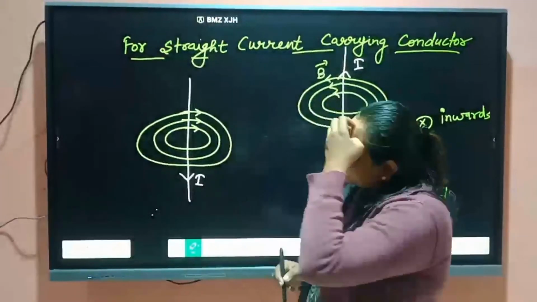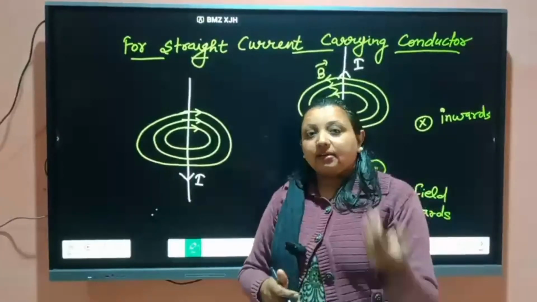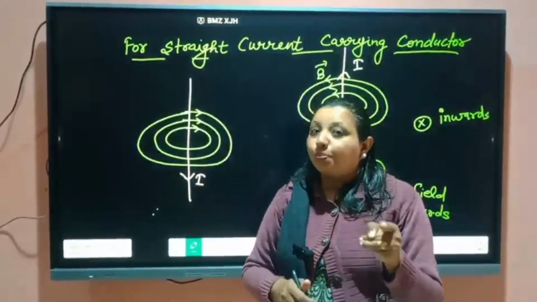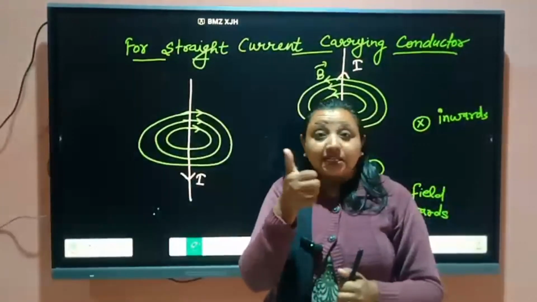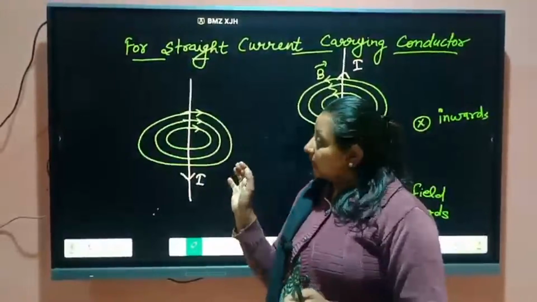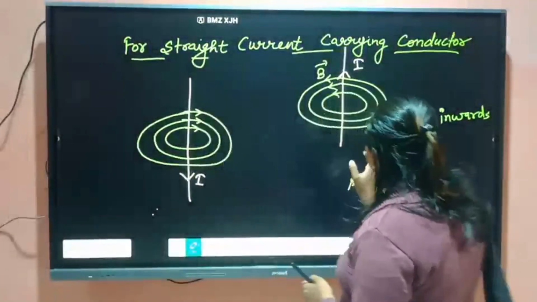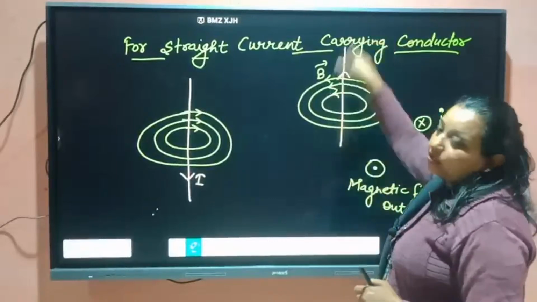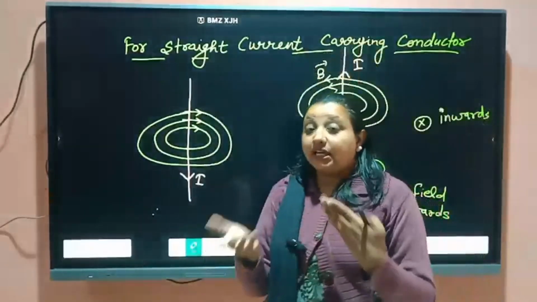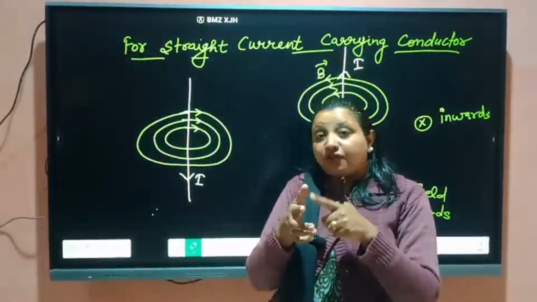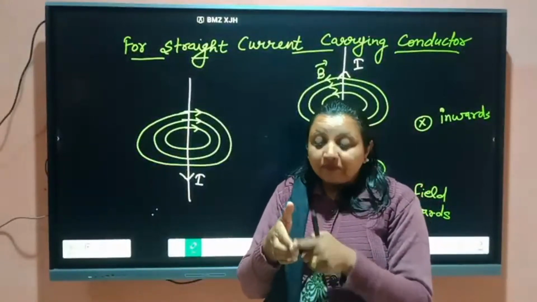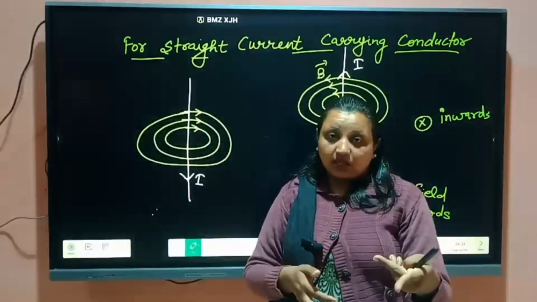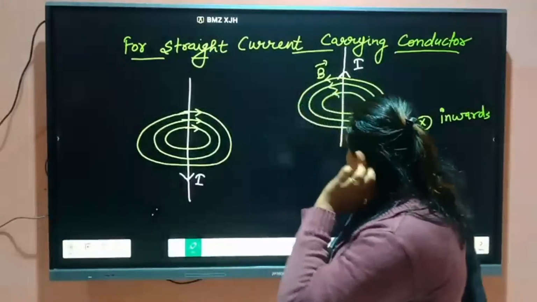Now, if our current conductor is circular in the form of a loop, these fingers represent the direction of current, clockwise or anti-clockwise, and this thumb is the direction of magnetic field. That means the function of the thumb and curled fingers for a straight current carrying conductor gets reversed for a circular one. Understood that point?